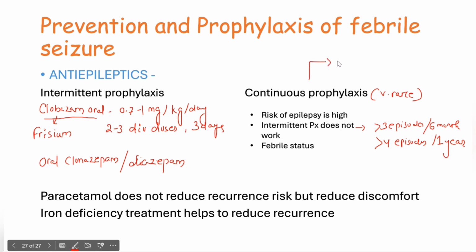Now, a few medications for continuous prophylaxis are valproate or valproic acid, then levetiracetam, and phenobarbital.